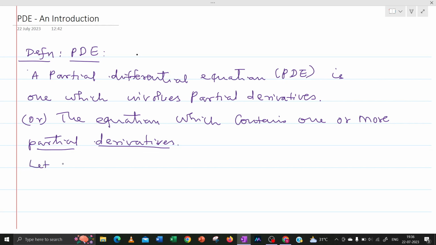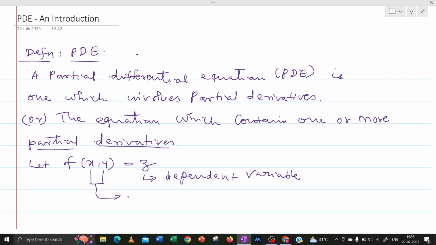Let f of x comma y is equal to z, where z is the dependent variable and x and y are the independent variables. That means z is dependent on the two variables x and y.